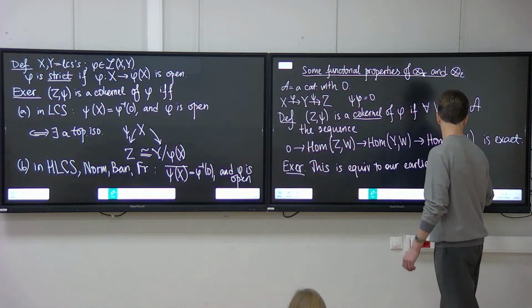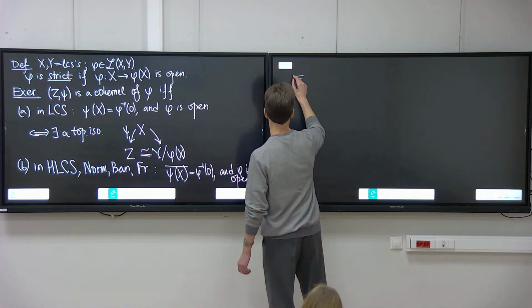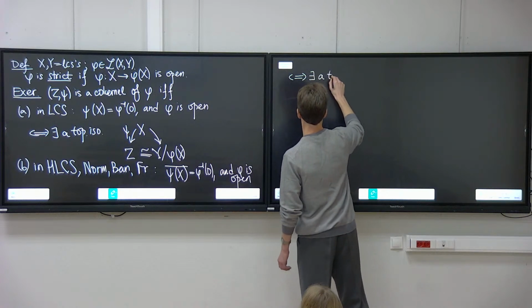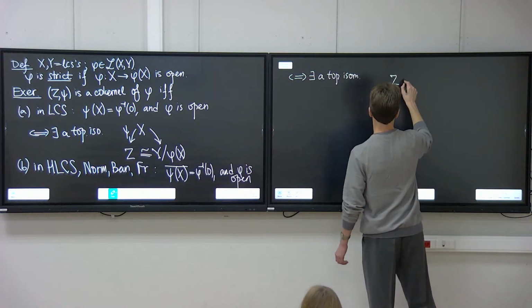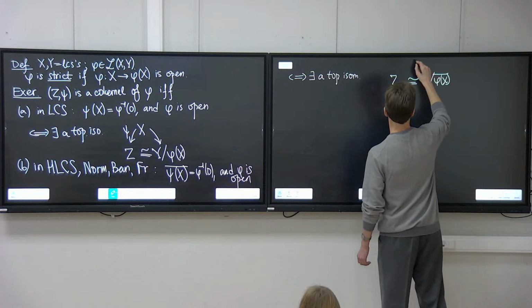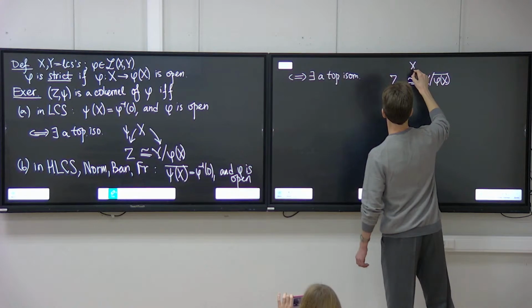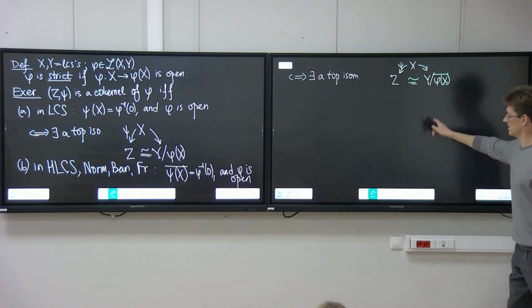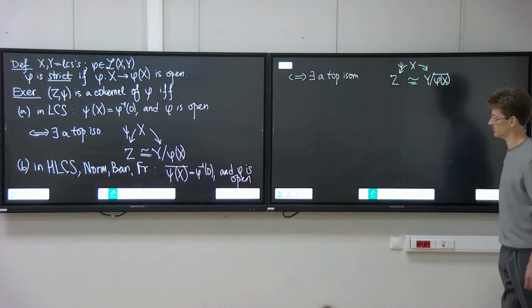And again, we can write this in the form of a diagram. This is true if and only if there exists a topological isomorphism between z and the quotient of y modulo the closure of the range of phi, such that the following diagram commutes. So the difference is that we must take the closure of the range of phi here.